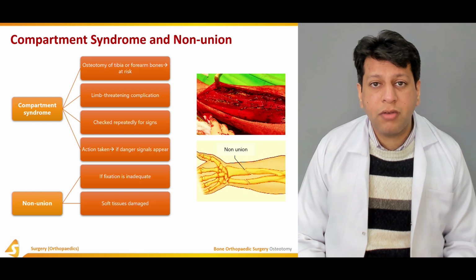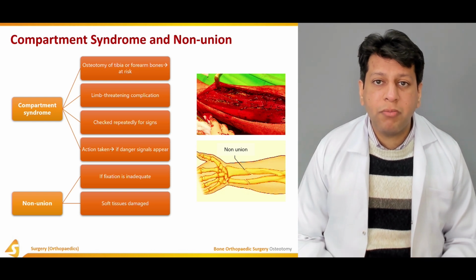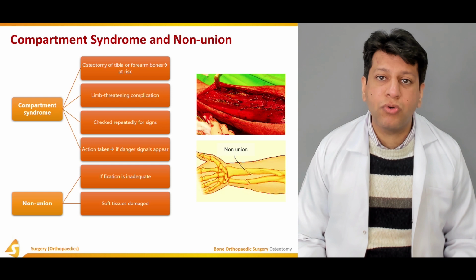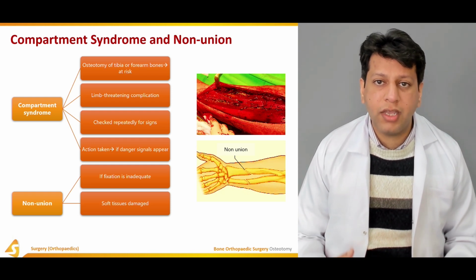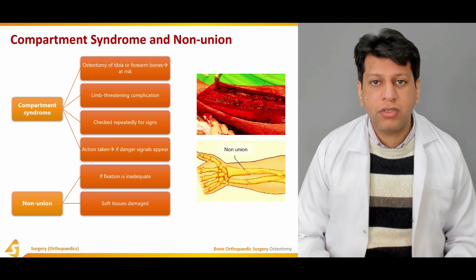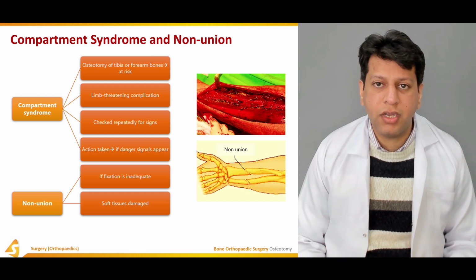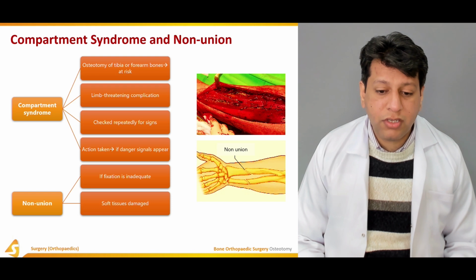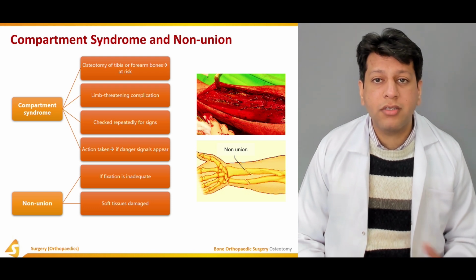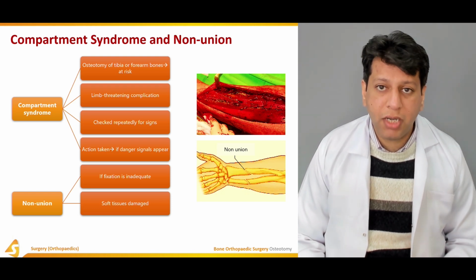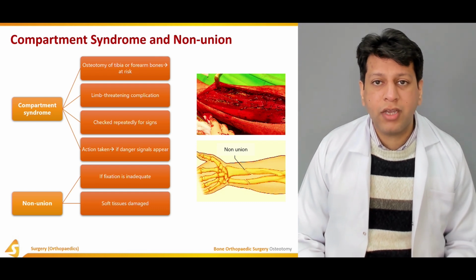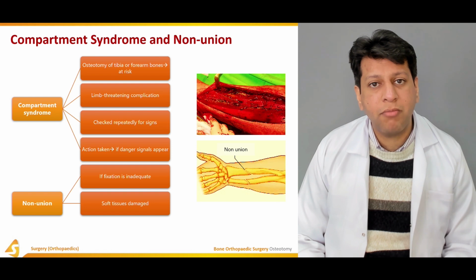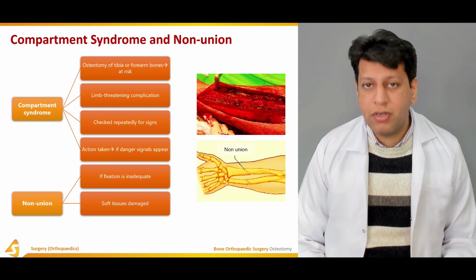We may have to first fix the bone with a plate along with a bone graft once the infection resolves, and then later go for some kind of surgery for deformity correction. So non-union complicates the surgery, because then we have to go for multiple surgeries to rid the patient first of the infection, then of the non-union, and then probably lastly we may have to go for deformity correction.